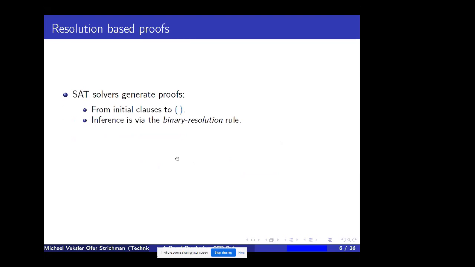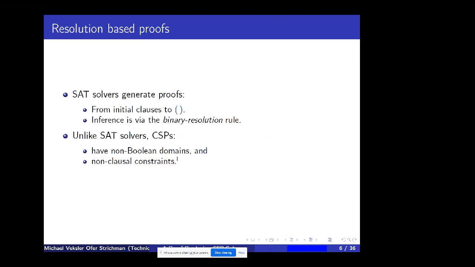So SAT solvers generate proofs from the initial clauses to the empty clause. The empty clause is basically the equivalent of false. And they use a single inference rule, which is called the binary resolution rule. But unlike SAT, in CSP, we have to deal with non-Boolean domains, and we have to deal with non-clausal constraints.